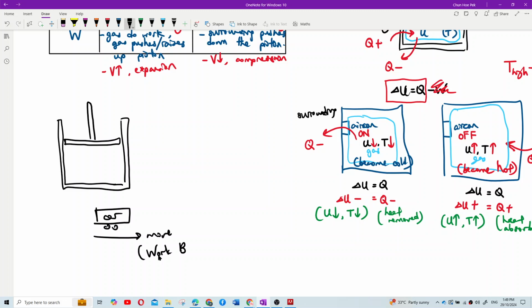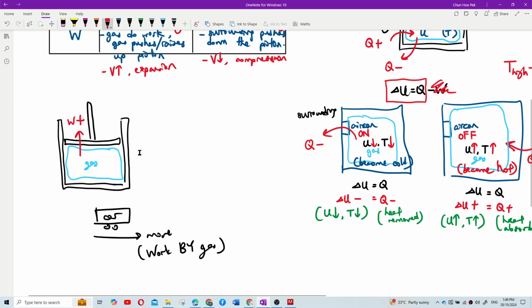Work by gas. Gas inside the piston, inside the cylinder. There is a fuel here. The gas. So yeah, this gas can expand. Expand. So work done positive.